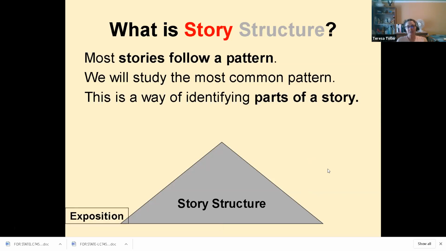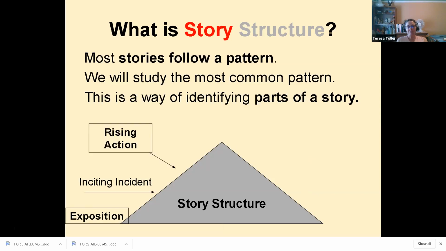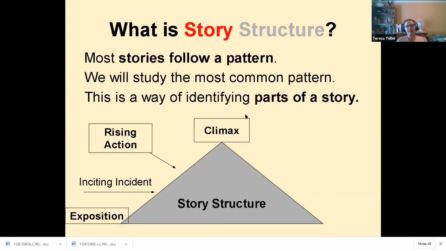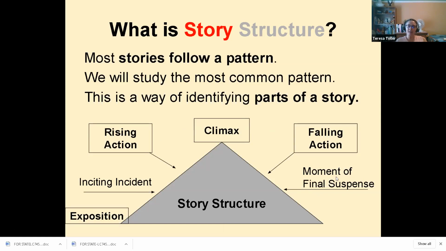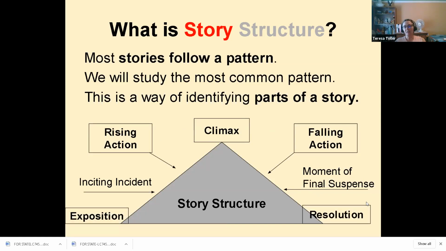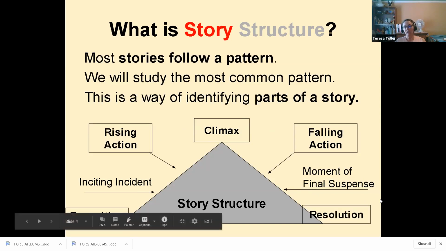So first there is the exposition, then the inciting incident is part of the rising action. Then you reach that tipping point, that climax in the story. Then you have falling action and that moment of final suspense. And then you have the resolution of the conflict.